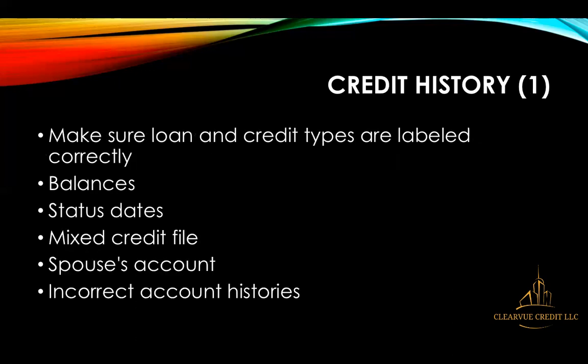In the credit history section, make sure the loan and credit types are labeled correctly. Make sure the balances are correct and consistent amongst the three bureaus. The status dates are correct and consistent across the three bureaus. Look for mixed credit files: someone else's information, someone else's account, maybe your spouse's account, and look for inaccurate account histories, not only in and of themselves, but across the three bureaus.